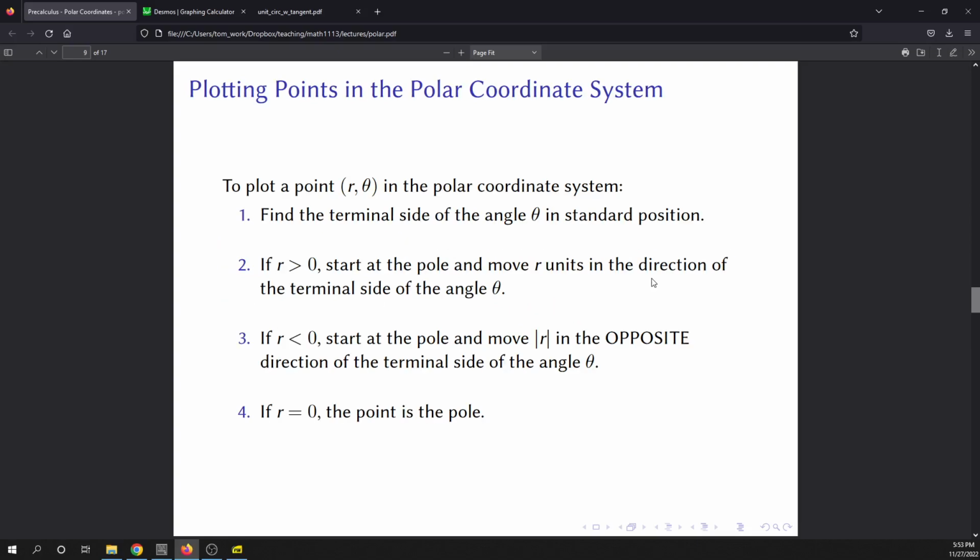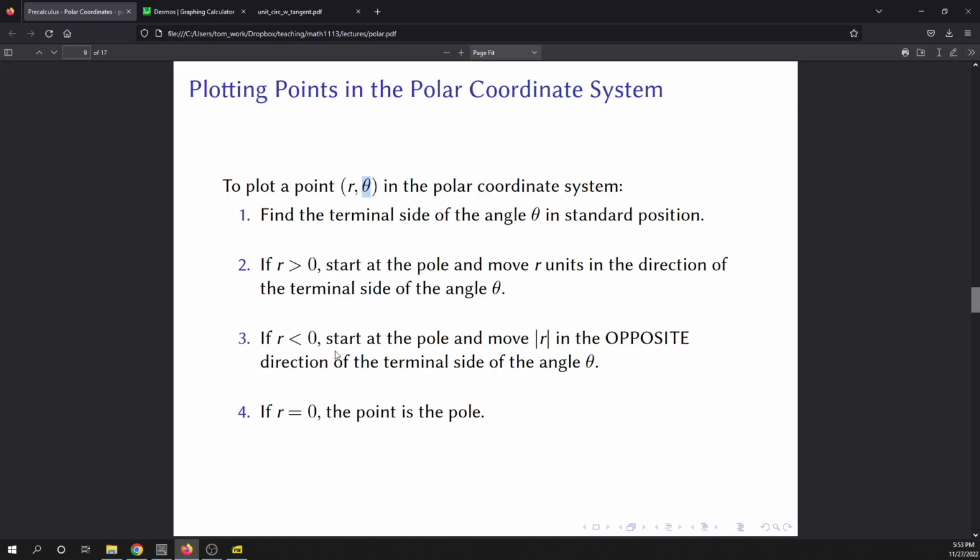All right, so a recap for plotting points in the polar coordinate system. Number 1, find the terminal side of the angle theta in standard position. So start with the second coordinate and then rotate out the terminal side until you get to the angle that corresponds to whatever this is, theta here. And then if your r is positive, you move in the direction of that terminal side, however many units that is.